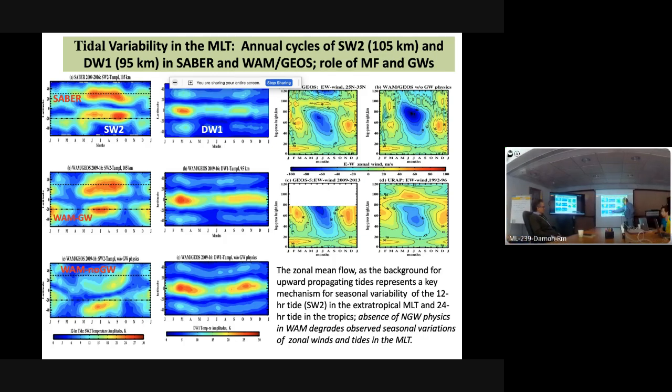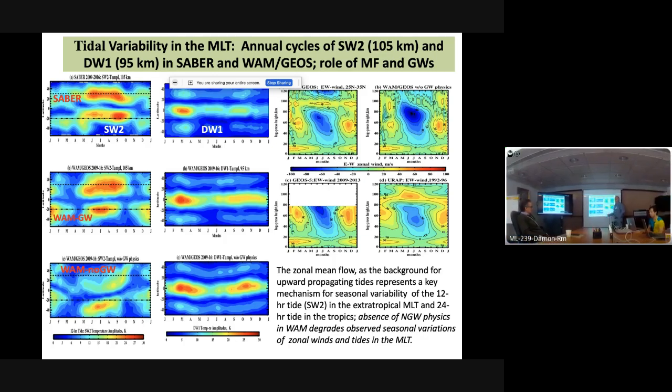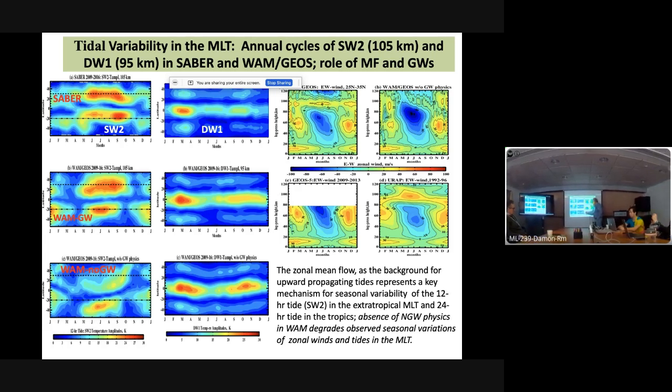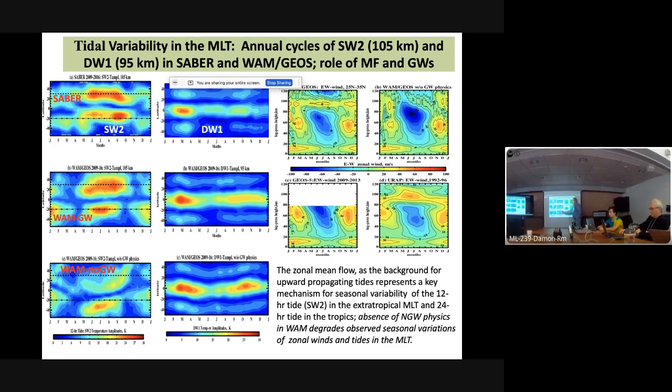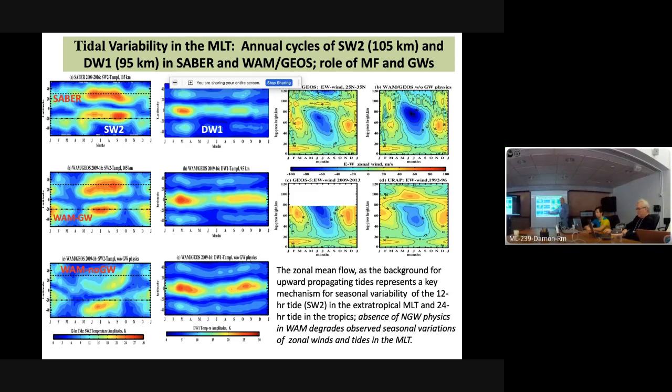And it's not only the semi-diurnal tide, which is most sensitive to the background flow through which the tide propagates from the stratosphere to the MLT, but you also have different answers for the diurnal migrating tide. For instance, if you don't have gravity waves, it tends to produce roughly equal amplitudes during March, April, and September, October.